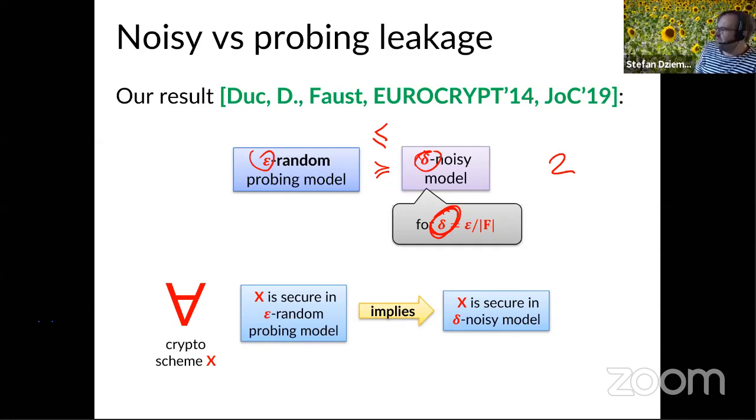Yes, it's also kind of wishful thinking to a large extent, right? Because even the reduction between random probing and standard probing assumes something like Chernoff bounds at some point. You could have random probing with a probability of 10% of leakage, but just for a small number of probes, you can still get leakage of everything with a good chance, right? So I think we are not there yet.